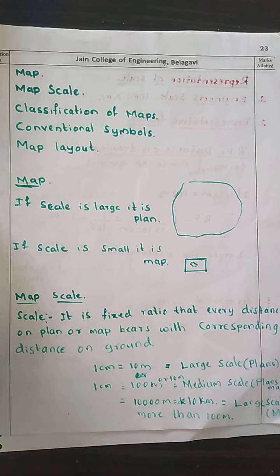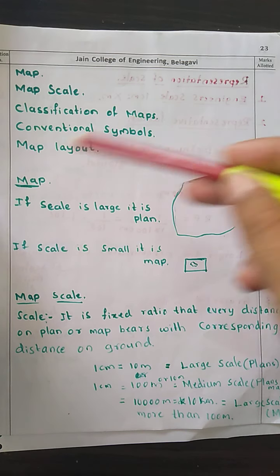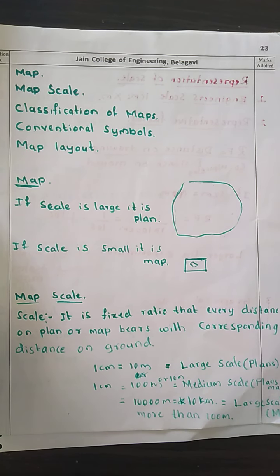A map, in surveying, is nothing but converting whatever object we see on the ground onto a sheet of paper. Whatever objects are there in that area, we get the knowledge of them on a small sheet of paper. This is what we do in surveying, and as a civil engineer, understanding this concept is very important.